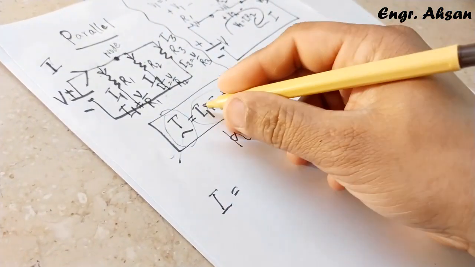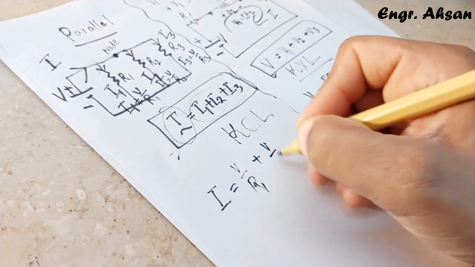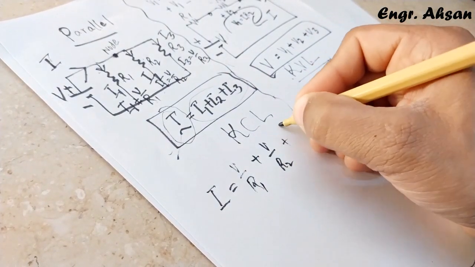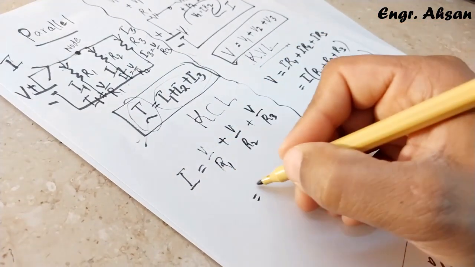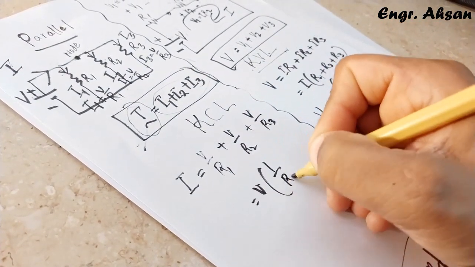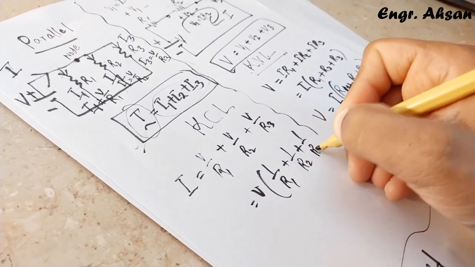I is equal to I1 plus I2 plus I3, which is V over R1 plus V over R2 plus V over R3. Here V is common: V times 1 over R1 plus 1 over R2 plus 1 over R3.